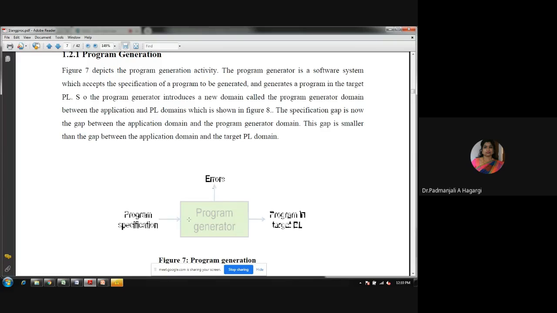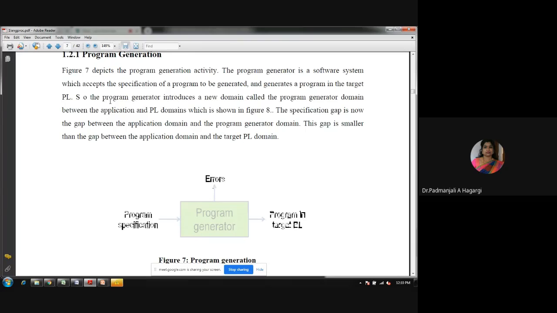The source program is nothing but the specification of the program and depicts the program activity. The program generator is a software system which accepts the specification of a program to be generated and generates a program in the target.